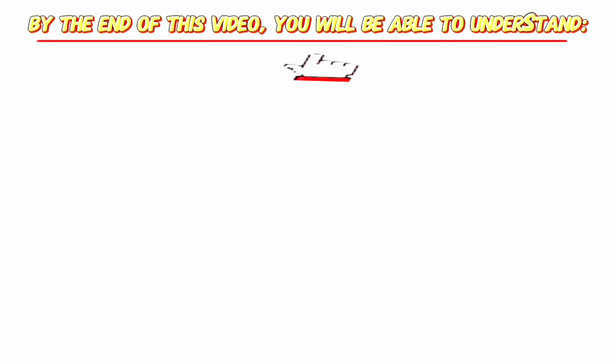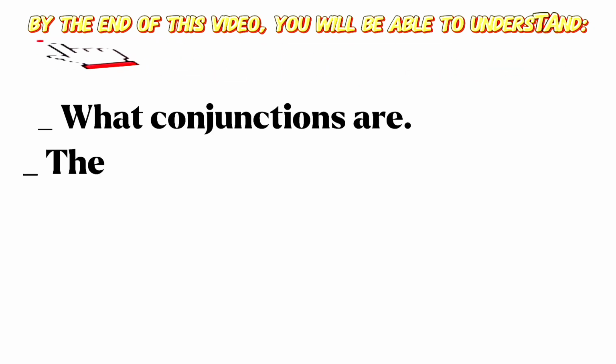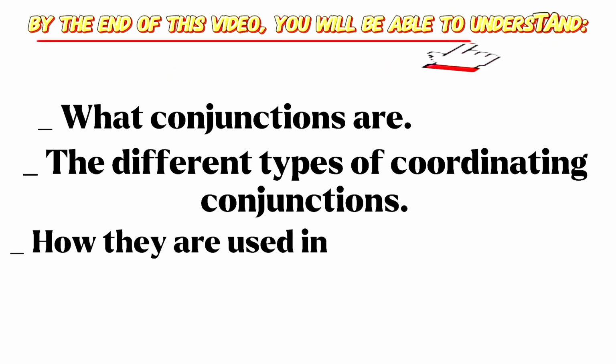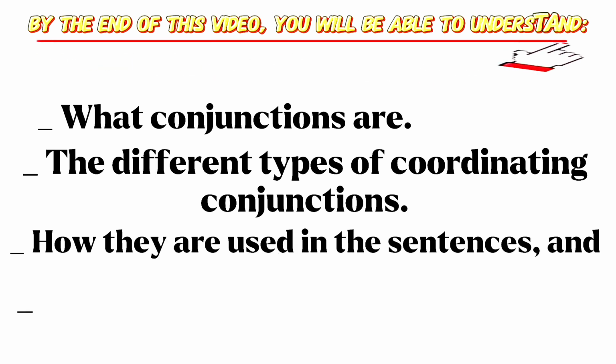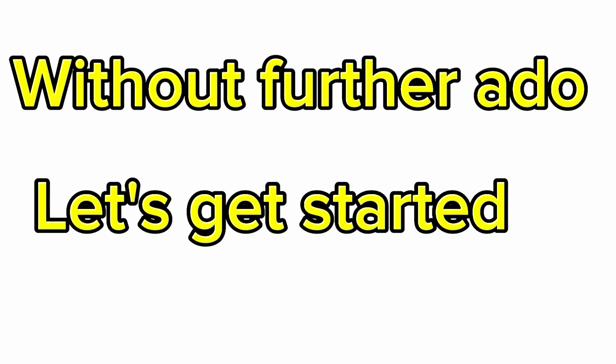So, by the end of this video, you will understand what conjunctions are, the different types of coordinating conjunctions, how they are used in sentences, and some important exceptions. Without further ado, let's get started.